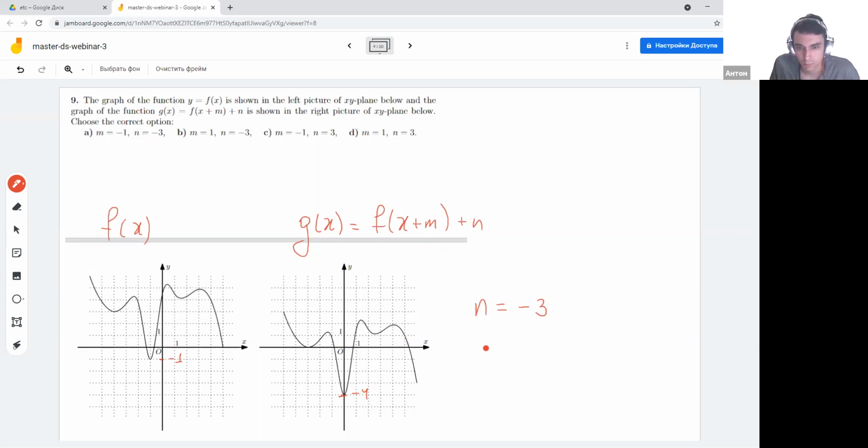It is -3 that you add to -1 to get -4. The problem may arise when you think about m, because we add m not outside of the function, but inside.